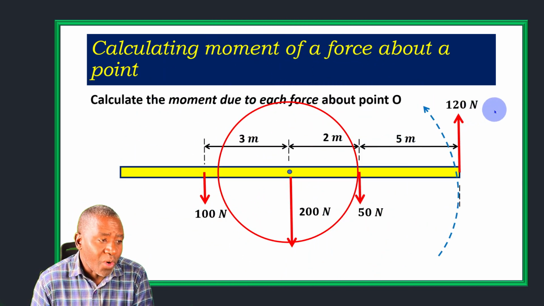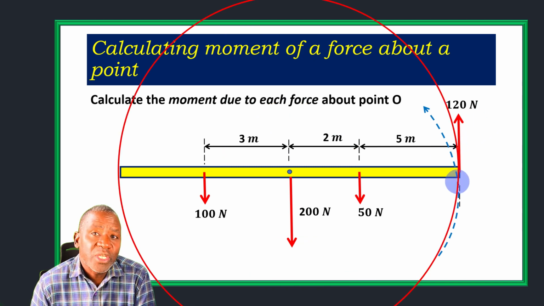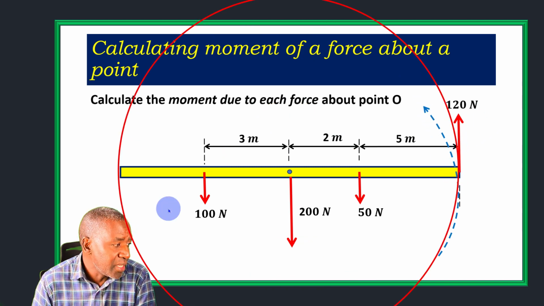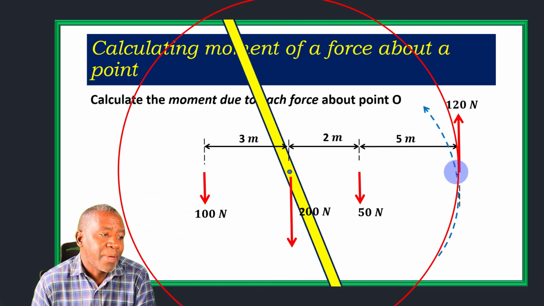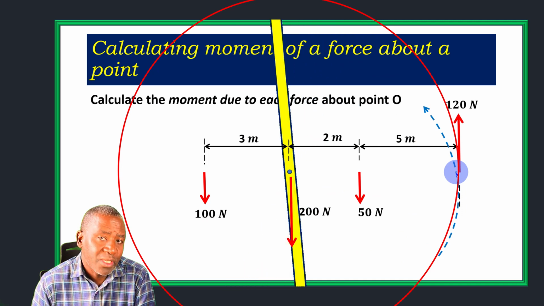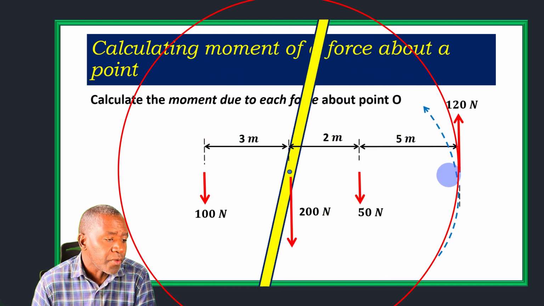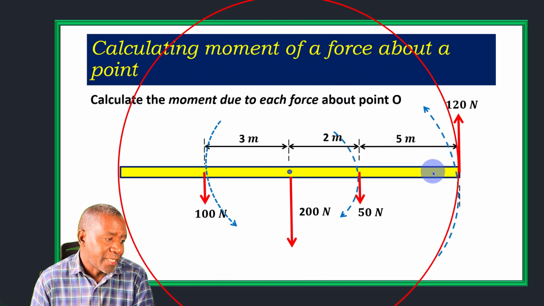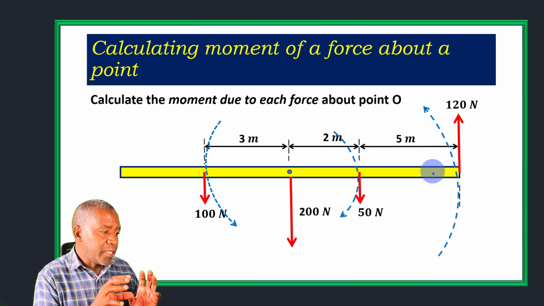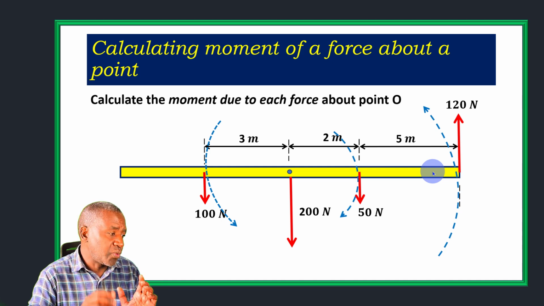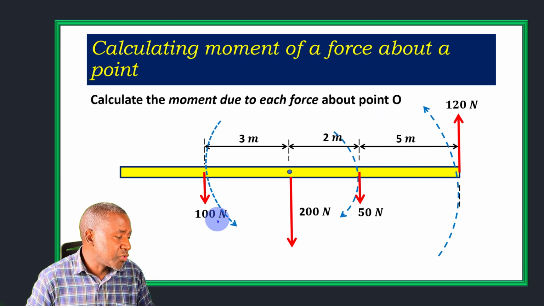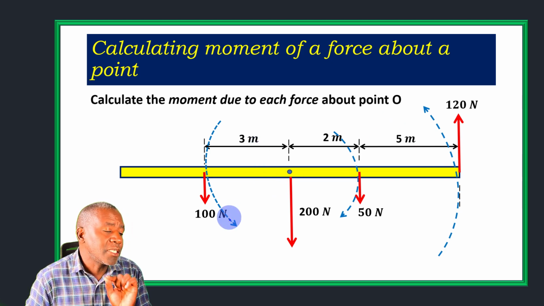Similarly, with the 120 Newton force, you do the same. This circle will be quite big, and you find that it's going to turn the system anti-clockwise about that point. So I'd like you to observe that in this particular figure, once you have worked out the moments, the moment due to the 100 Newton force about the point O is 300 Newton meter anti-clockwise.